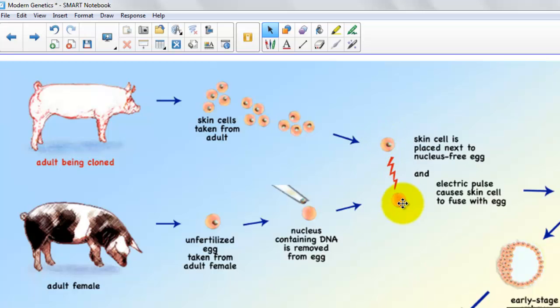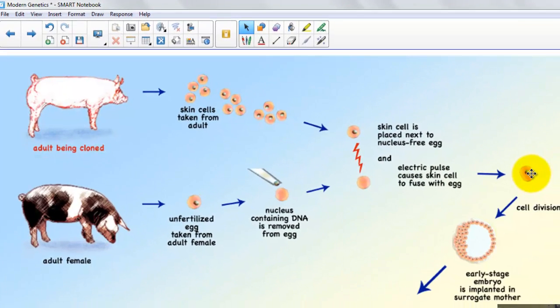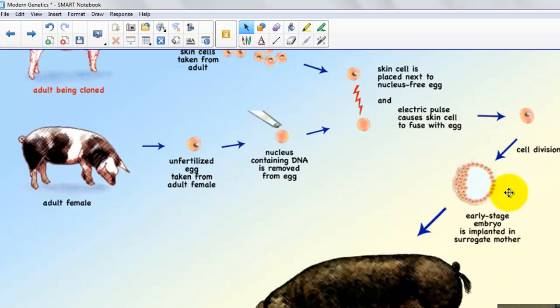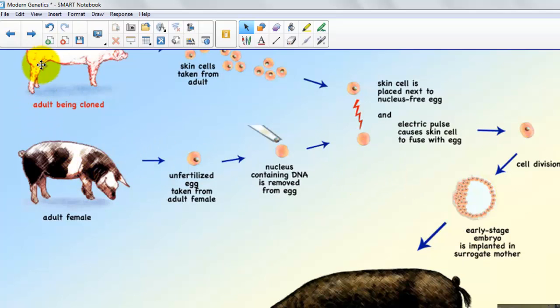We send a pulse through it, and they fuse together. So now this new cell has the egg cell from this pig, but the nucleus from this other pig. Right, so there's no genetic relationship between the egg and the pig that's actually carrying the egg.